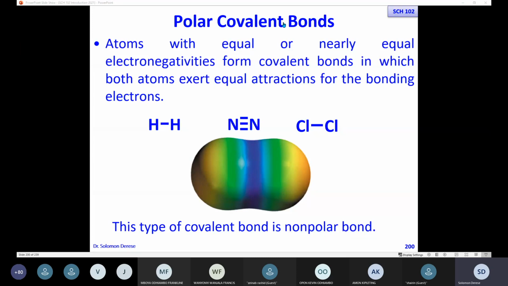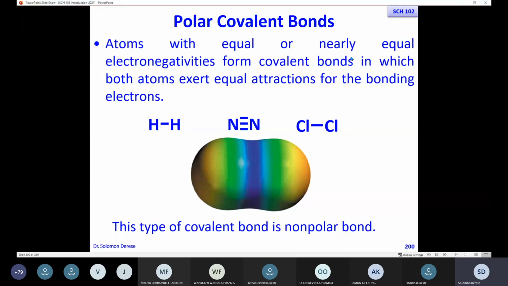However, if the two elements involved in chemical bonding do not have any difference in electronegativity, that means a covalent bond between identical elements, or between two elements that have almost identical or similar electronegativity, the electrons of the bond are going to be shared uniformly.